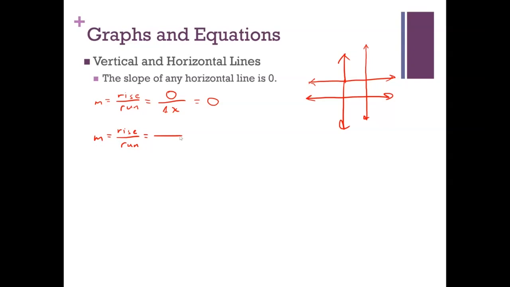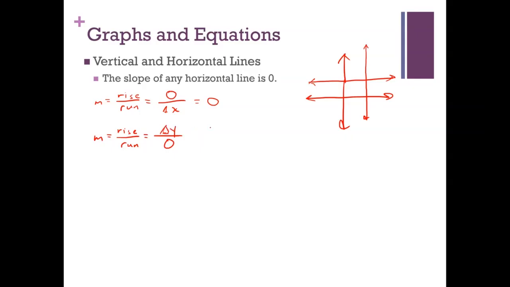When we talk about run, we're talking about the change in the x direction. So if we have a line that's vertical, one of those two ideas never changes. Which one's that? For a vertical line, the rise does change because I do have changes in the y direction. So it's actually the run that never changes.